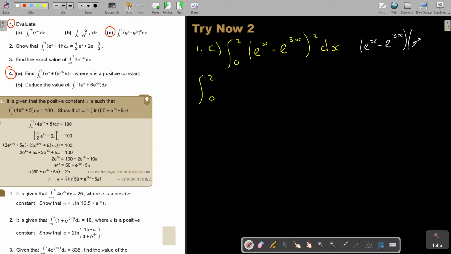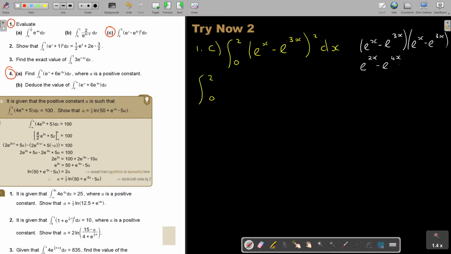Okay, let's just go back. e^x minus e^3x. Okay, let's multiply. So if I multiply, I keep the base and I add. x plus x is 2x. If I multiply, I keep the base and it's a negative e, and 3x plus x, that's going to be 4x.